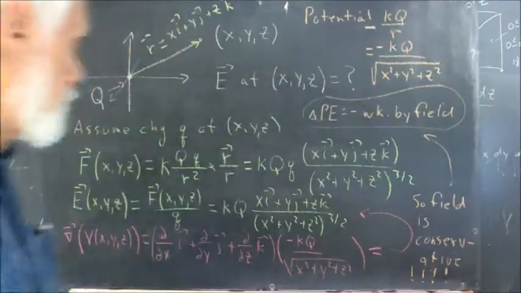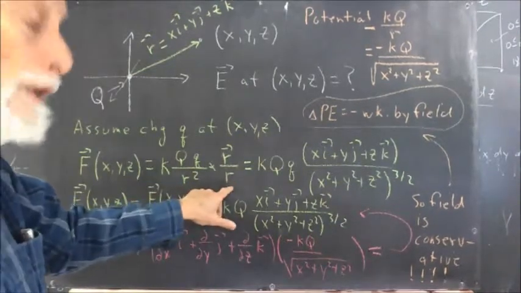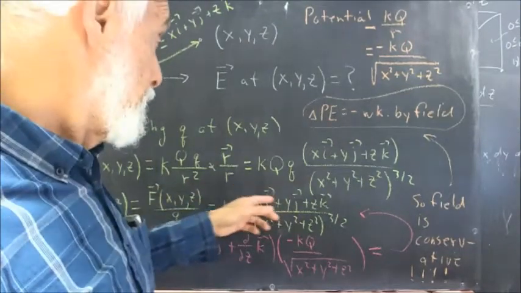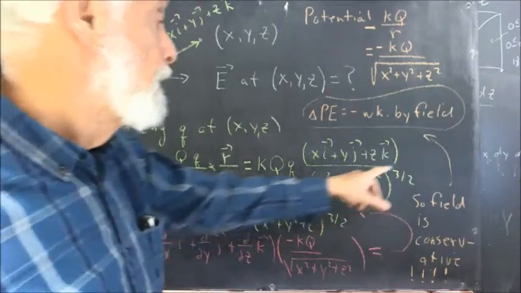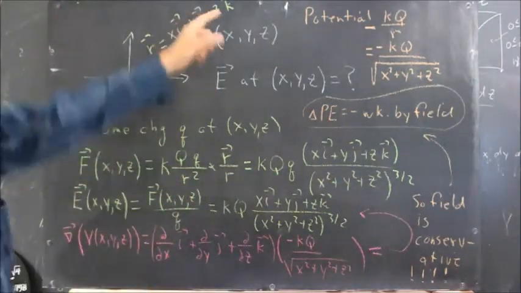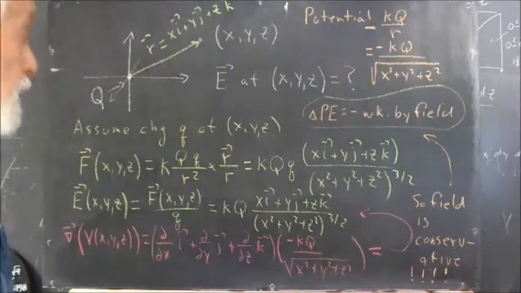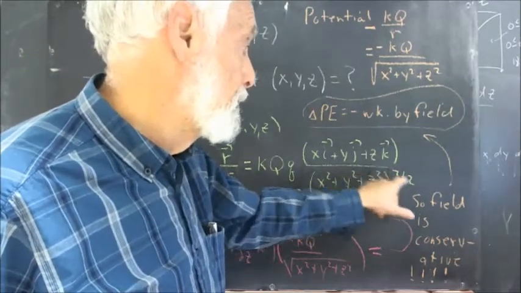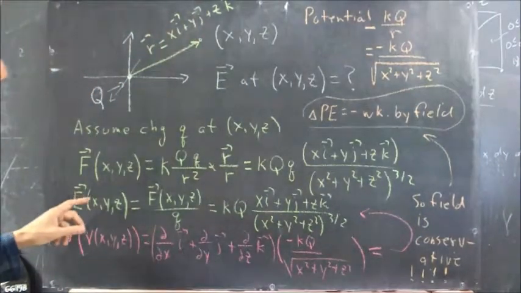We have the magnitude r squared here and another r here as part of our unit vector, and we then end up with r raised to the third power. Now, r is the square root of x squared plus y squared plus z squared. So the third power of that is x squared plus y squared plus z squared raised to the 3/2. So right there is our force.